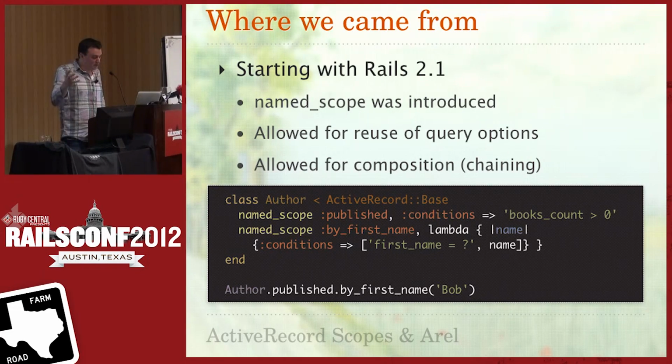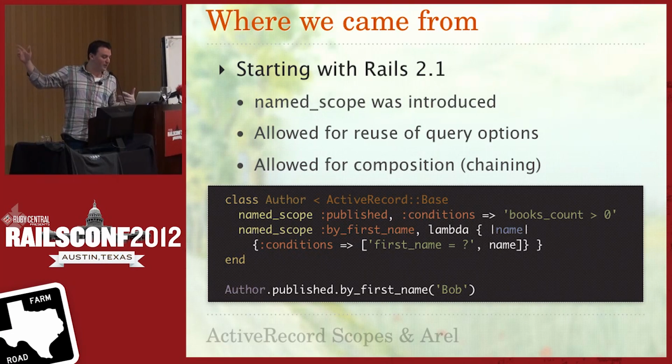So the conditions here: books_count greater than 0. Then we have another example, by first name. Here we're using a lambda, because this scope needs an argument. Whenever this thing gets invoked, we're going to give it an argument, and we want that argument to match.